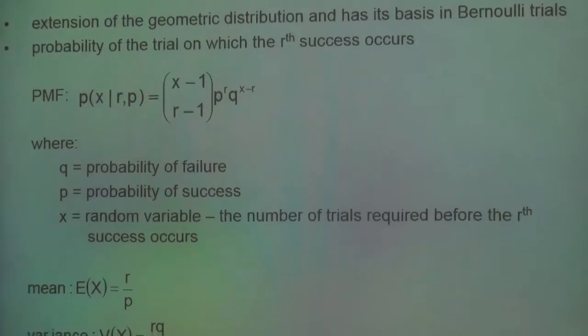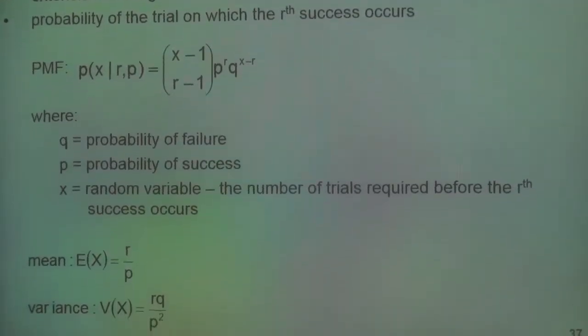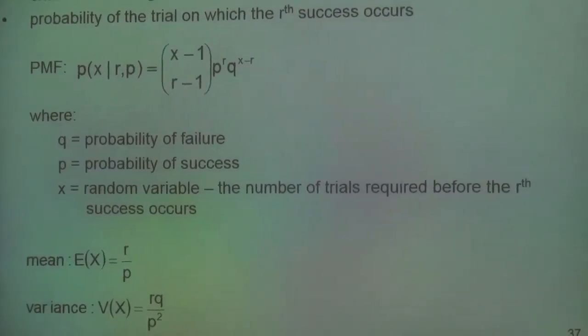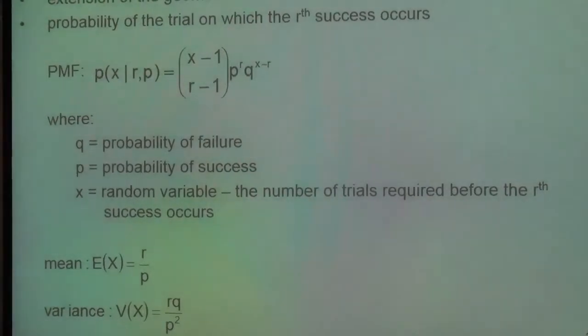So let's say that I have 20 trials, and I want to know what the probability of getting 5 successes in those 20 trials is. So that means that X is 20 and R is 5. And that's all I need to know, and the probability of success.